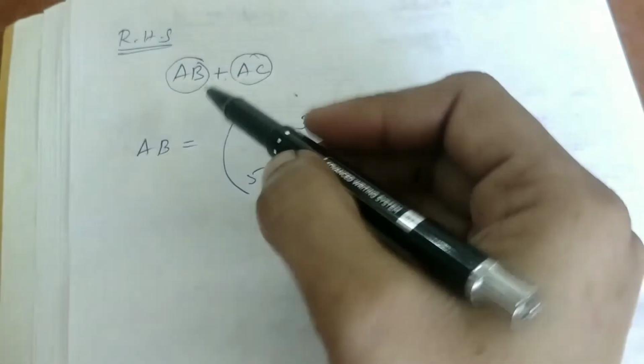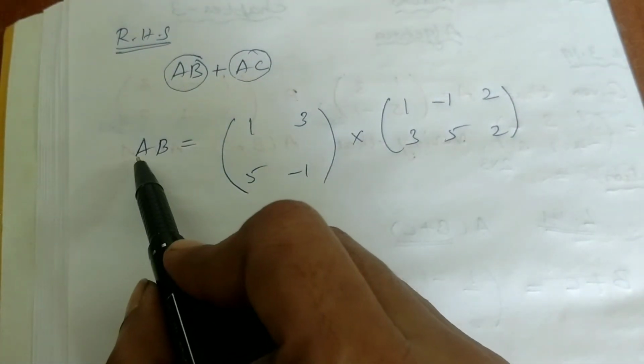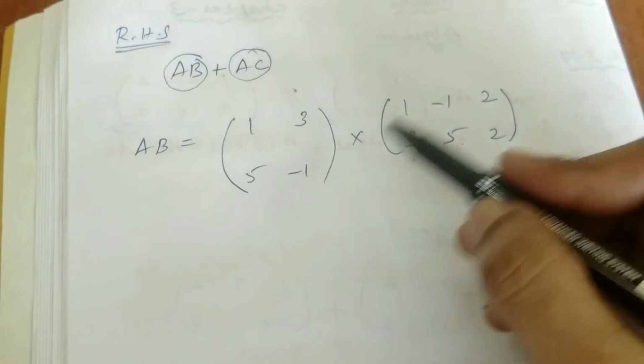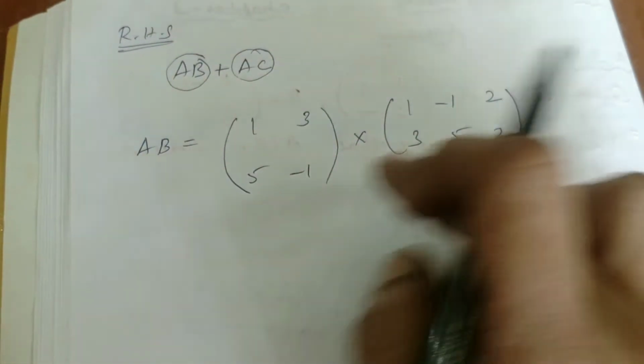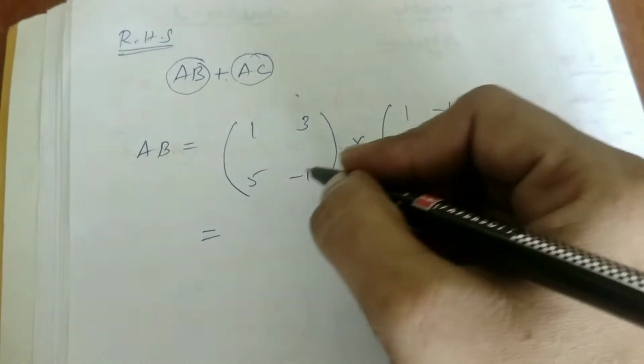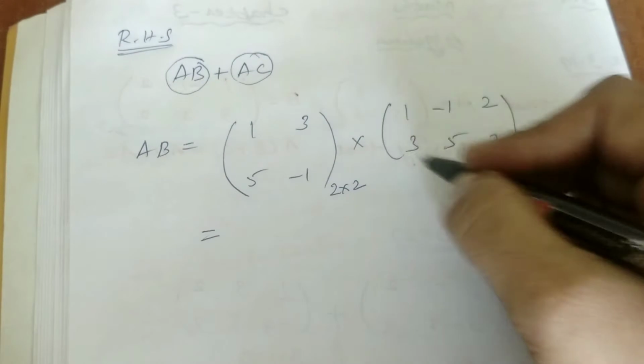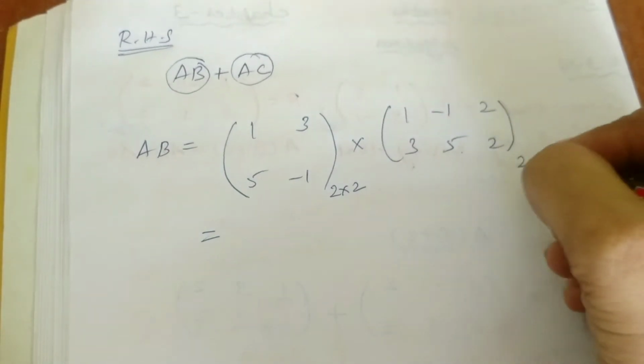So, first you have to find out the value for AB. AB is nothing but you have to write the matrix A at the first and then matrix B second. Multiply those 2 matrices. So, how will you multiply those 2 matrices? The order of the matrix A is 2 by 2. The order of matrix B is 2 by 3.